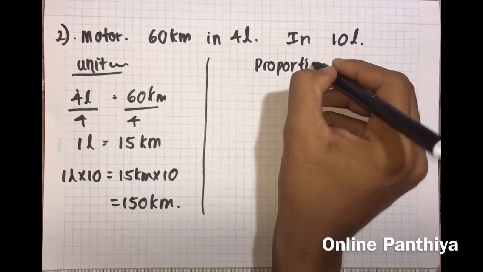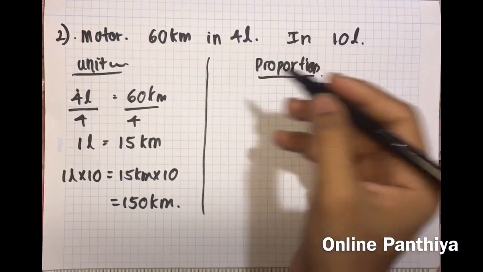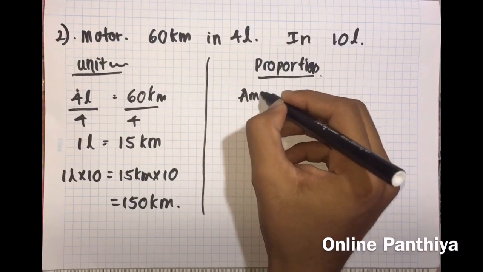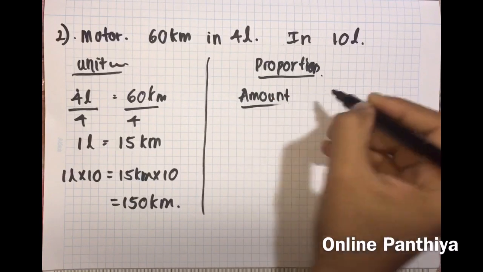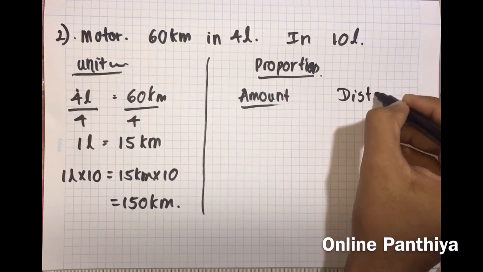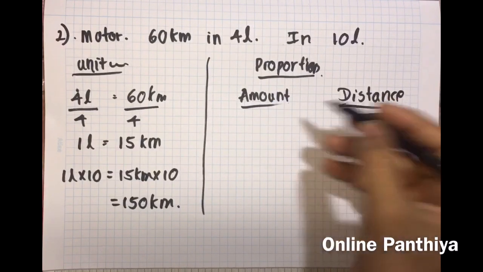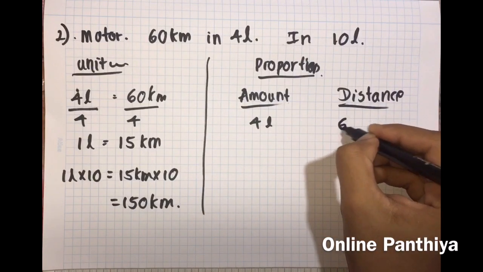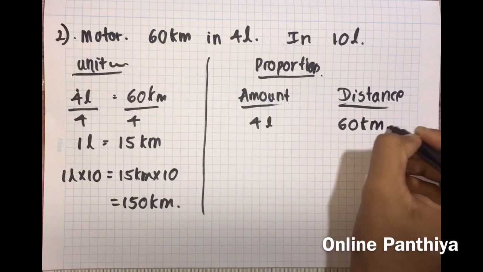Now what are the two things they are speaking about? One is about liters, the quantity, and the other is the distance. What was the first thing said? 4 liters. How much does it travel? The car travels 60 kilometers.